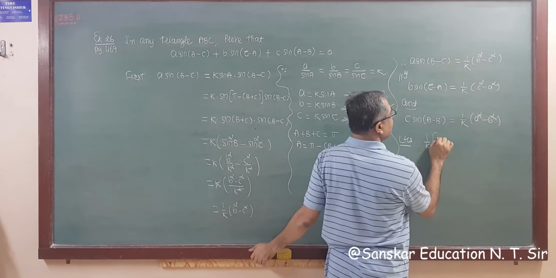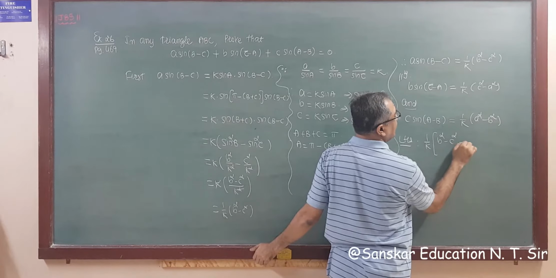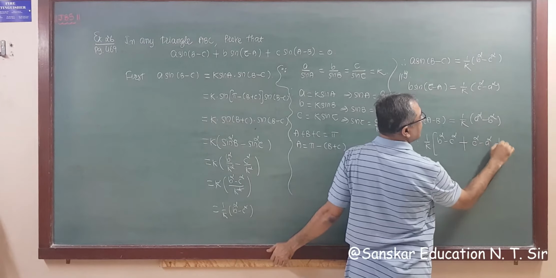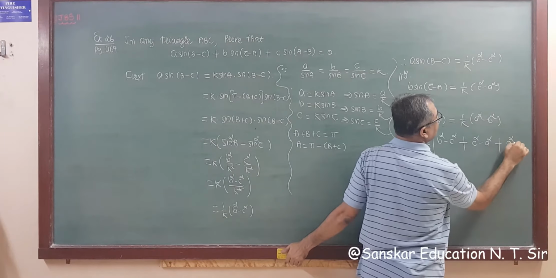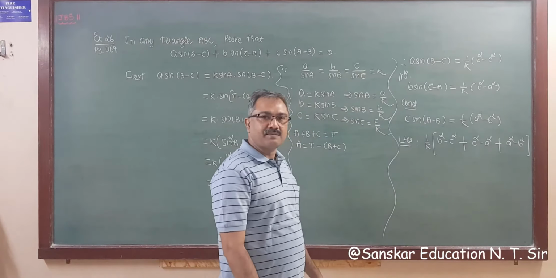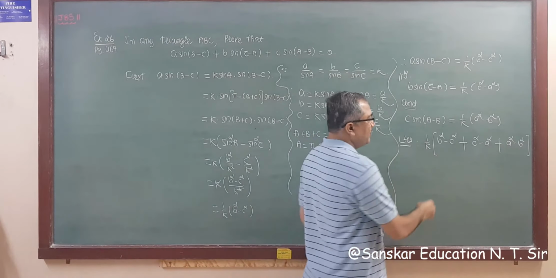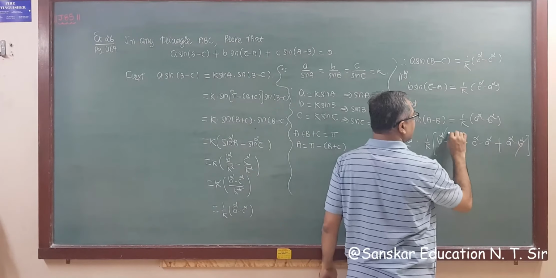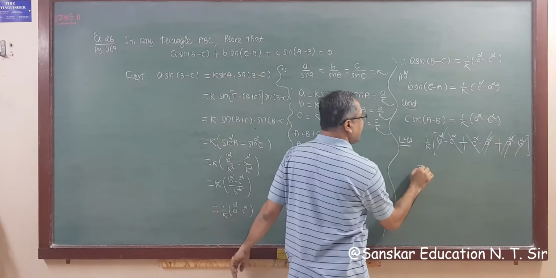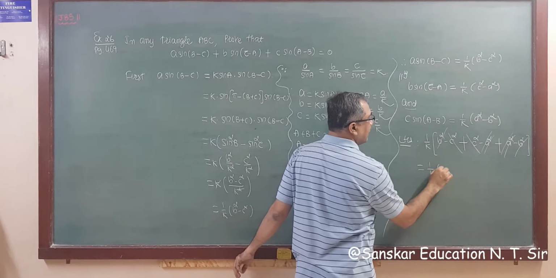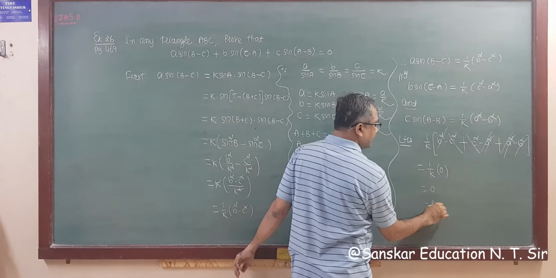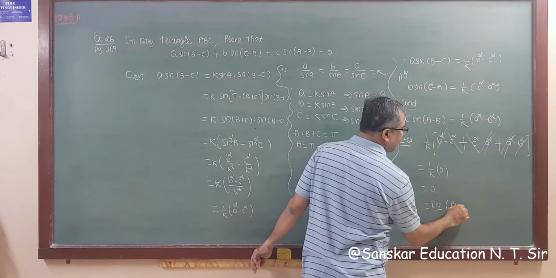The first term is b squared minus c squared, plus the second, c squared minus a squared, and the third, a squared minus b squared. Now b squared will be cut, and c squared and a squared will be cut. So the answer will be 1 upon K into 0, that is 0, which is the right hand side. So this is true.